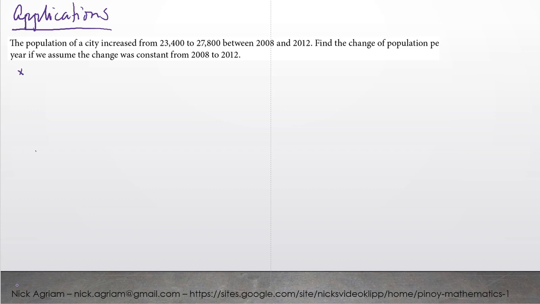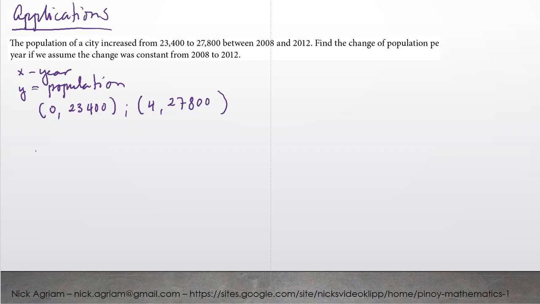We will say X is the year and Y is the population. So we have 2008 as 0 and 23,400, and then we have 2012 as 4 years after, and 27,800.